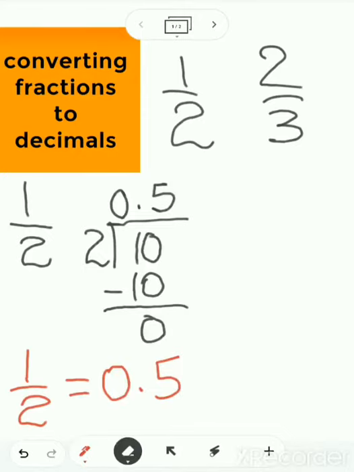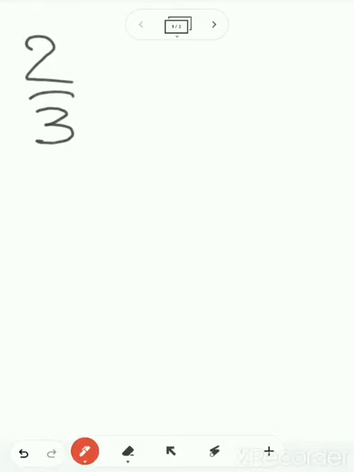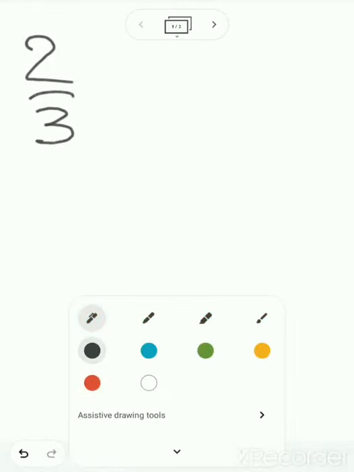Now let's move over to our other fraction. We are changing 2/3 to a decimal. And so we are going to follow the same procedure that we just did. We are going to divide.